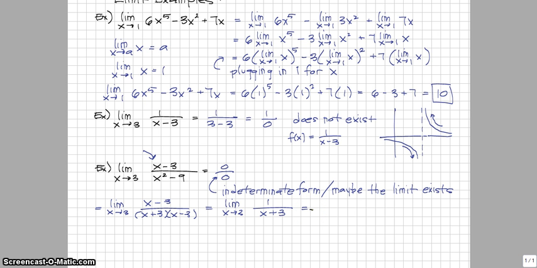When we put it in at this point, we get 1 over 3 plus 3 is equal to 1/6. So although when we try to plug in 3 originally, we get an indeterminate form 0 over 0, if we work through a process of simplifying, canceling, we find a limit we can evaluate, and it turns out that it is equal to 1/6.